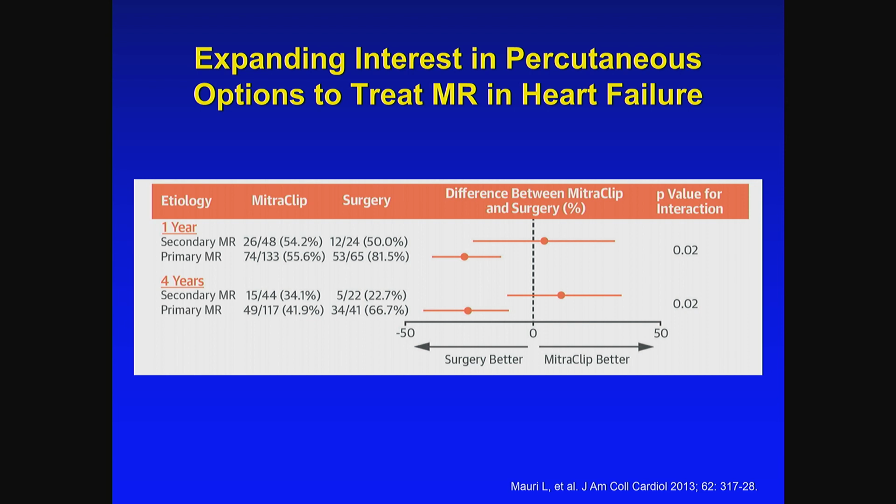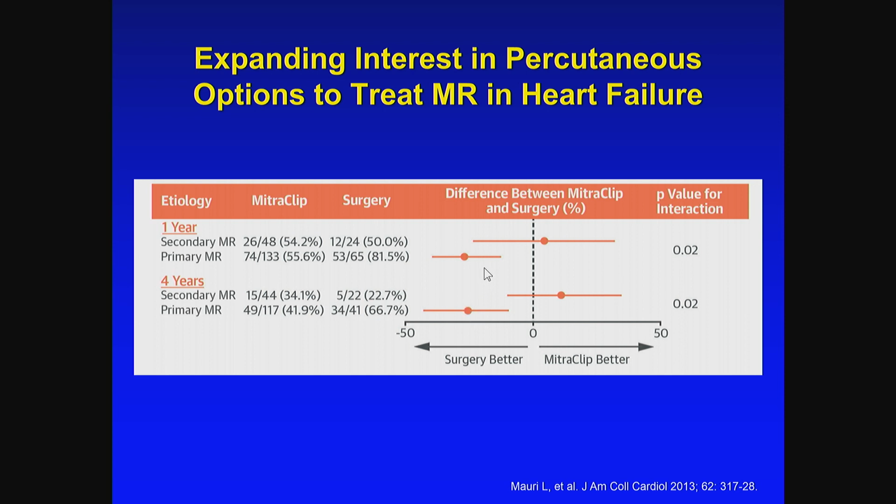These are data from the Everest-2 trial at 1 and 4 years that separates patients according to primary and secondary causes of MR, and in turn looks at the relative benefit of the MitraClip versus surgical intervention. In those patients who have primary MR, so a valve leaflet problem, it looks like surgery was better in the Everest-2 trial.